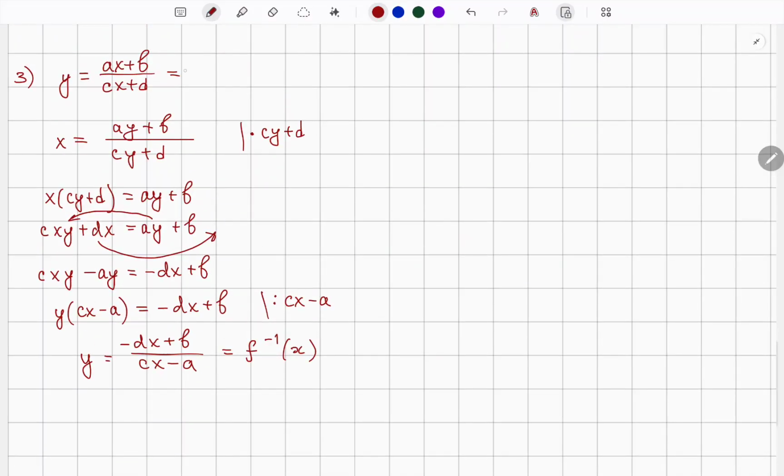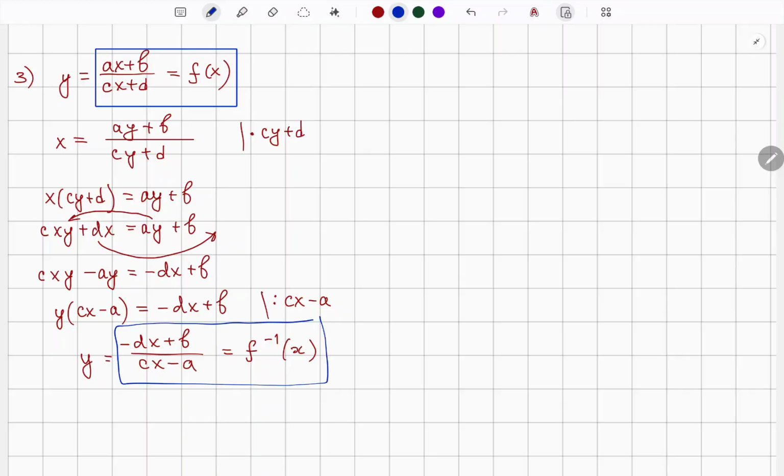The original function was the direct function. It was f of x. So let's highlight it. And what I found right now is the inverse function. Let's compare them. It was ax plus b divided by cx plus d. And now it is minus dx plus b divided by cx minus a.